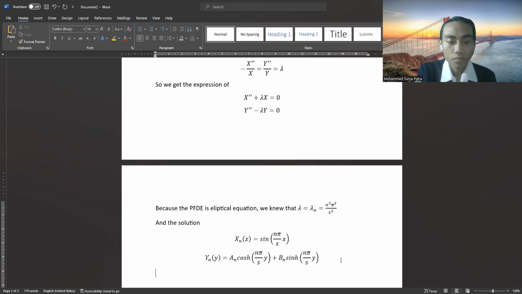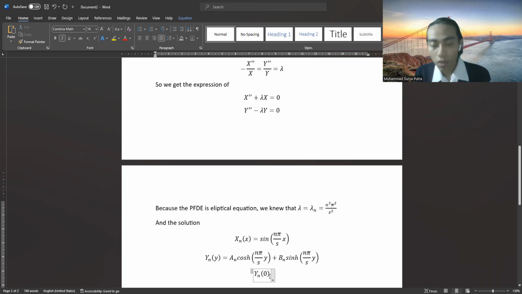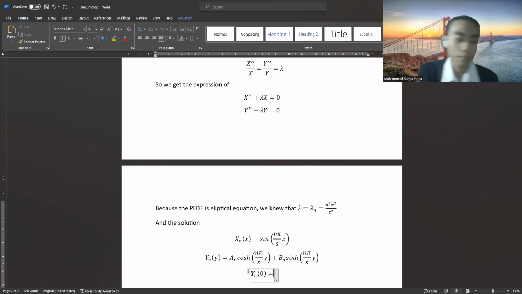And then because the yn is 0, the 0 can be 0. Sorry. The scenario is basic. We have this basic and universal scenario that the yn is 0, and then we choose the an is also 0, and then we calculate the bn.